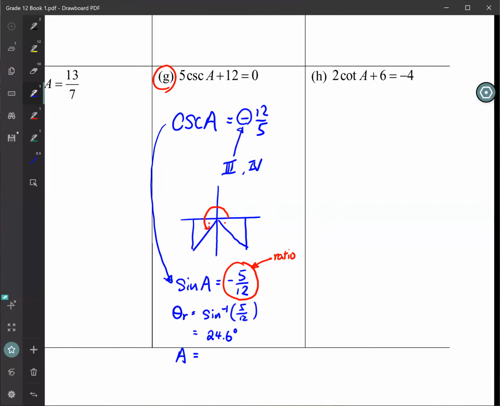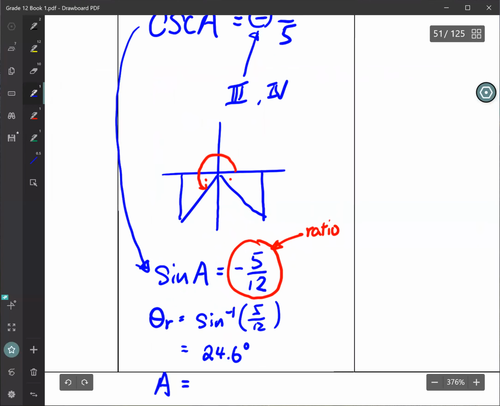Tiana? 270 minus 24.6. Okay, 24.6 is the one that's in the triangle, the little red dot.